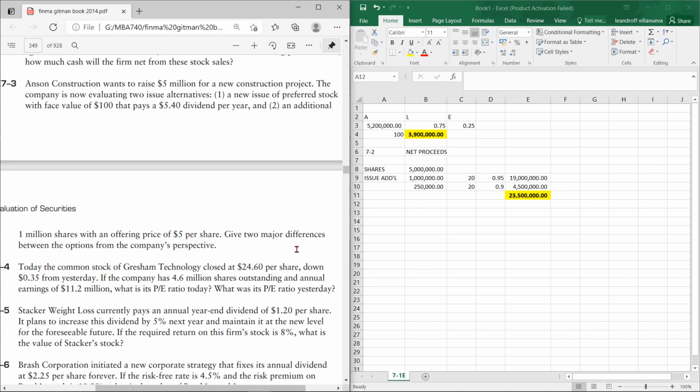The good thing with the issuance of preferred stock is that, remember, if it is preferred stock, there is no voting power. So, that's okay. The difference is that if you issue preferred stock, of course, you will give dividends to them first before the common stockholders. Right?